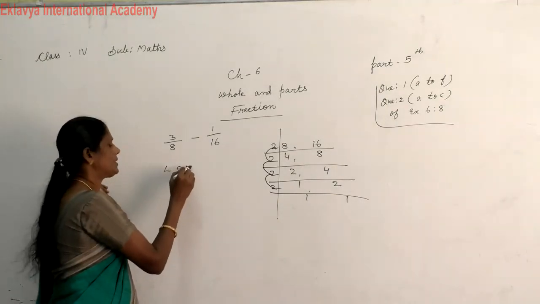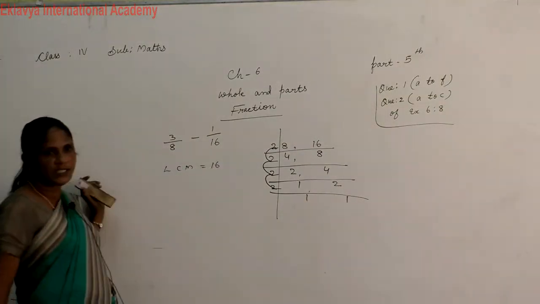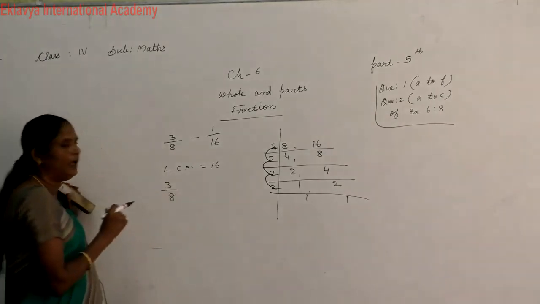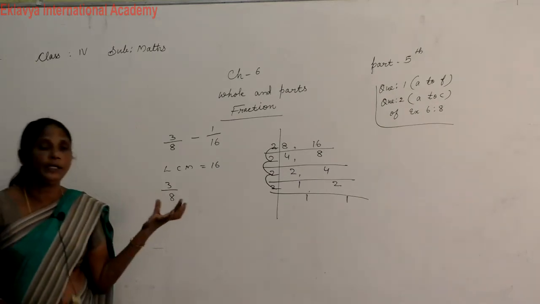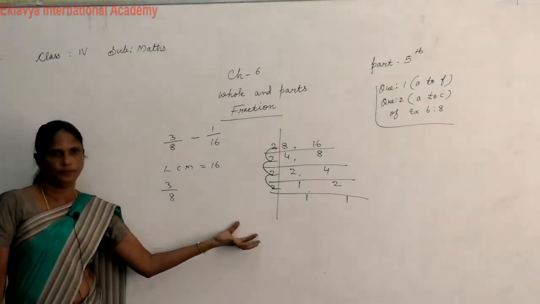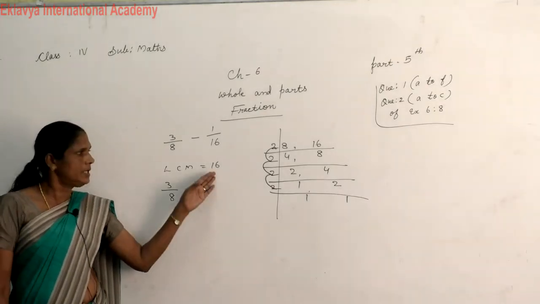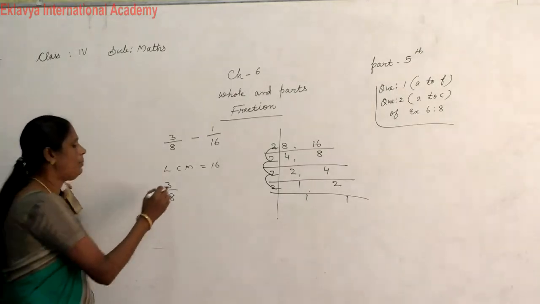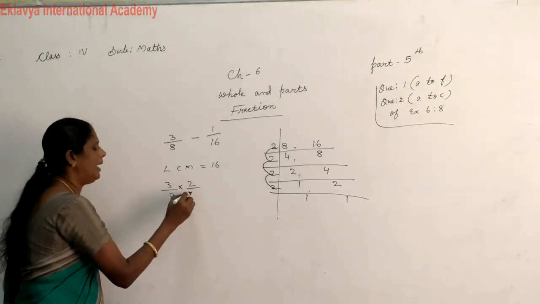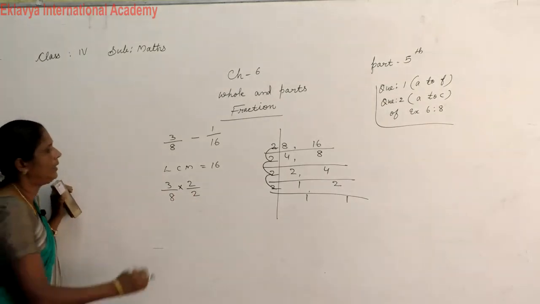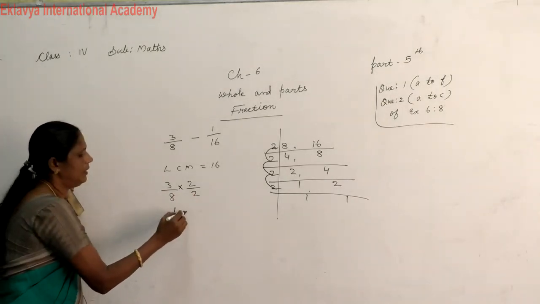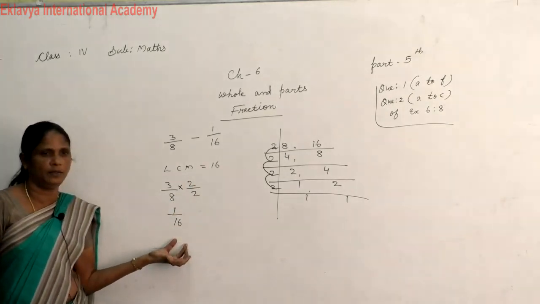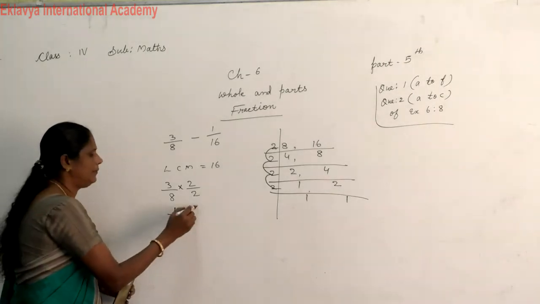The LCM is 16. Next step, first we write this fraction, then LCM divided by each denominator. First 16 divided by 8, you get 2, then multiply the numerator and denominator. Here 1 by 16, then again 16 divided by 16, you get 1.